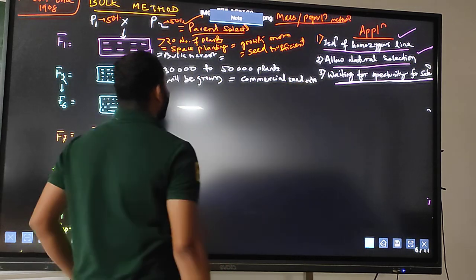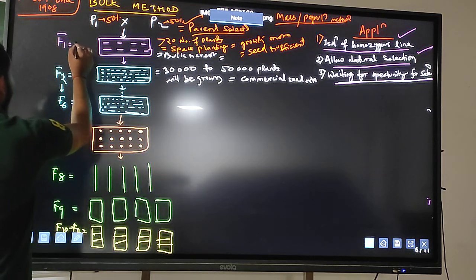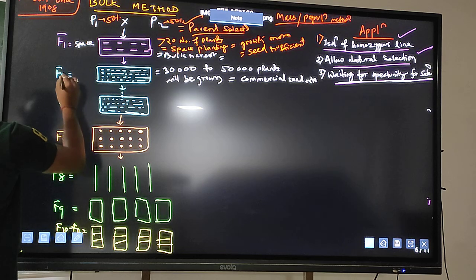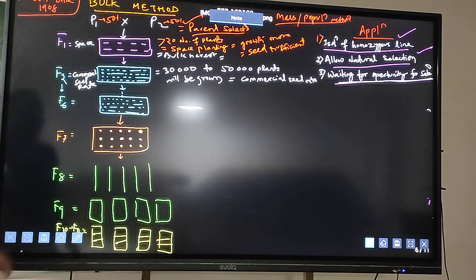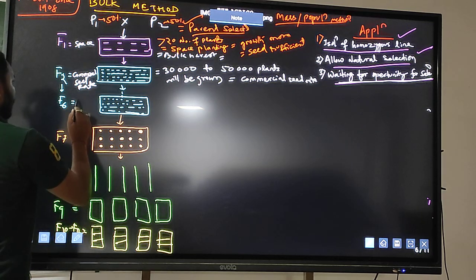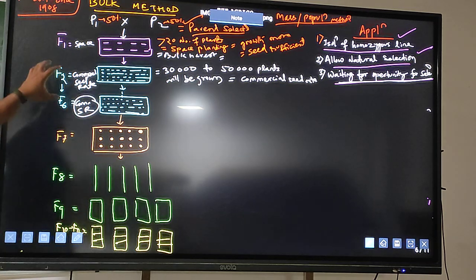You can see here in F1 generation, I go for space planting, but in case of F2 generation, I will go for a commercial seedbed. From F2 to F6, go for a commercial seedbed.